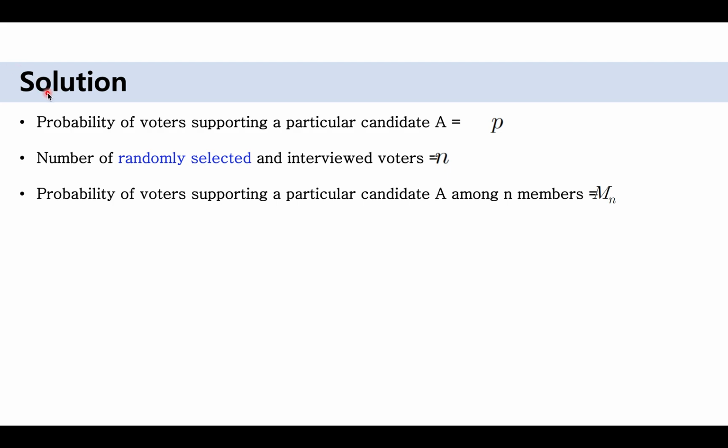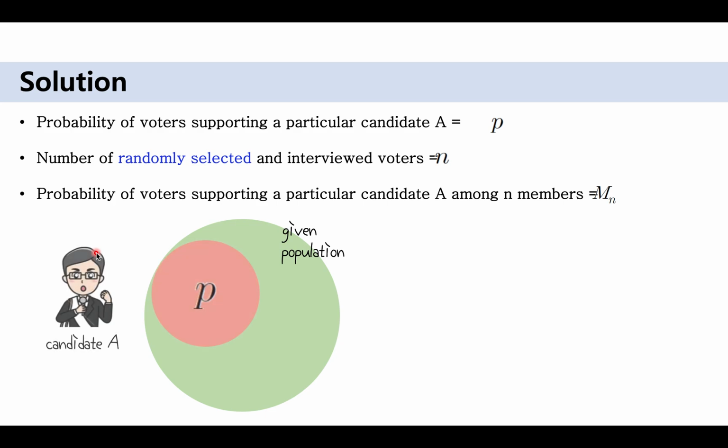Here is the solution. This green circle means the given population, and P means the probability of voters supporting a candidate A among the given population.